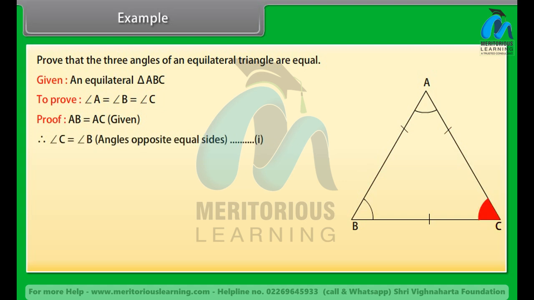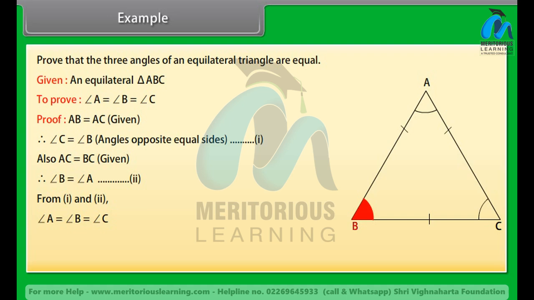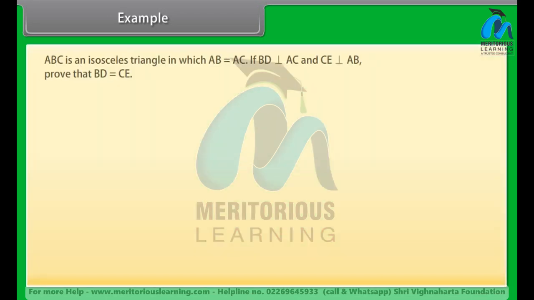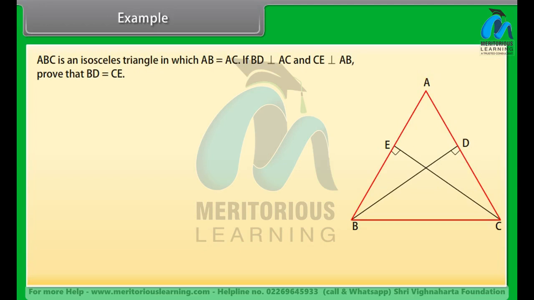Therefore, angle C is equal to angle B because angles opposite equal sides are equal. Mark it as 1. Also, AC is equal to BC is given. Therefore, angle B is equal to angle A. Mark it as 2. From 1 and 2, angle A is equal to angle B, which is equal to angle C. Hence the result.